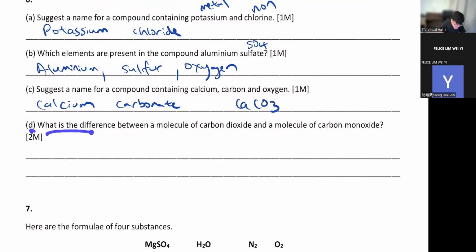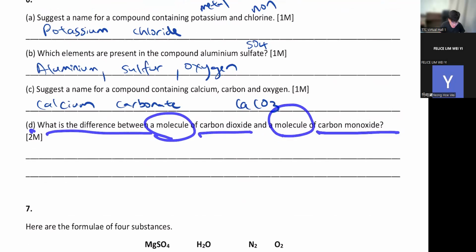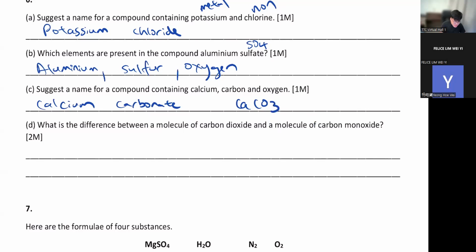So D, what is the difference between molecule of carbon dioxide and molecule of carbon monoxide? Whenever you see the word di, di means 2. Mono means 1. So carbon dioxide is CO2, 2 oxygen, dioxide. Carbon monoxide is CO, 1 O, monoxide.